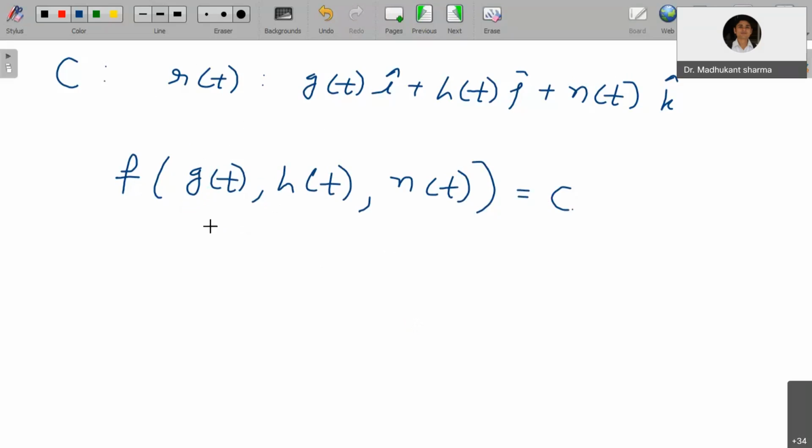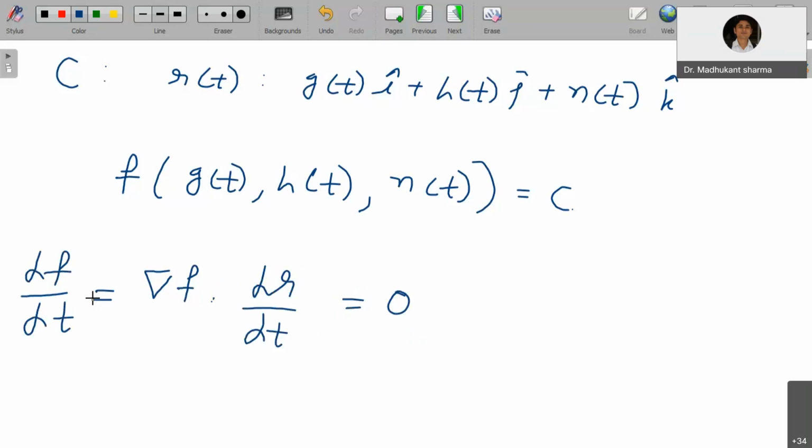What it gives you, which we have already done and you can verify, is grad f dot product. We have done this exercise in the case of the directional derivative. Grad f dot dr by dt is equal to 0 when you differentiate with respect to t. So that is df by dt.